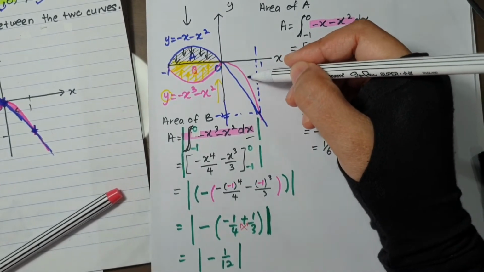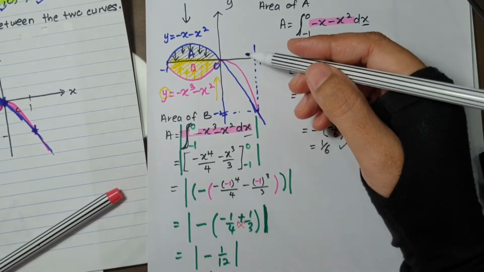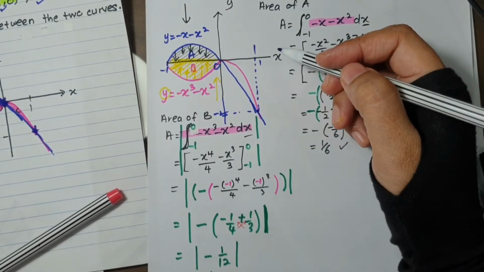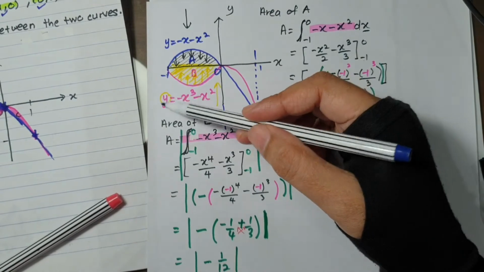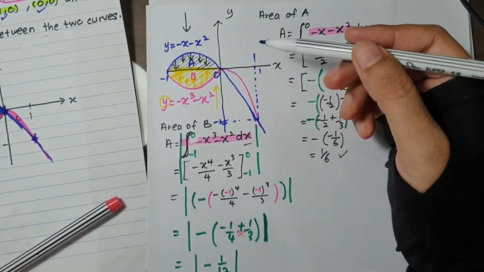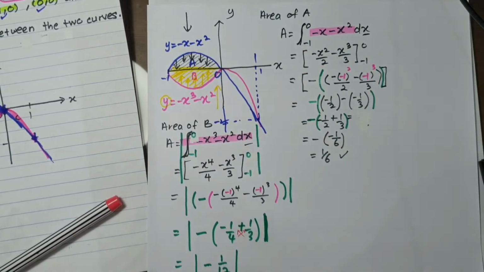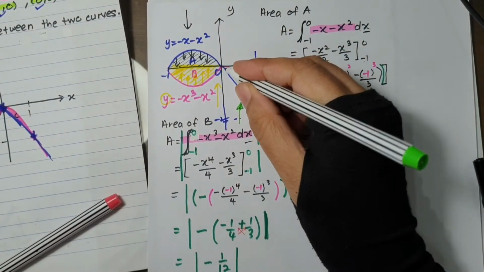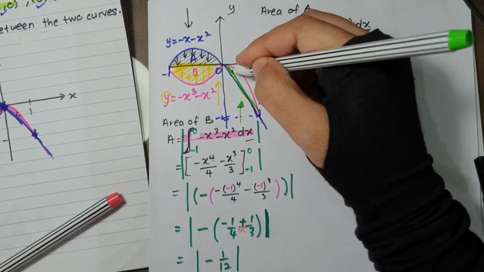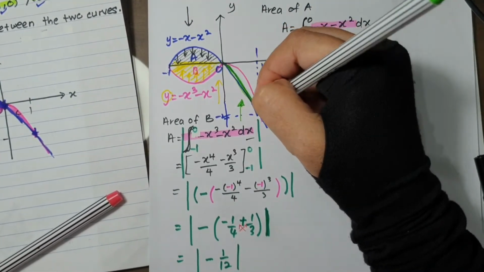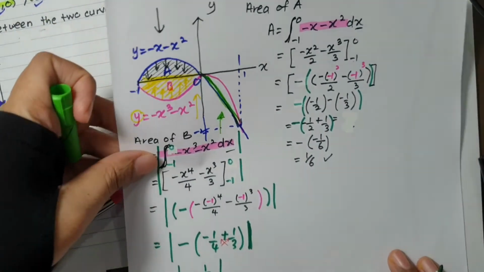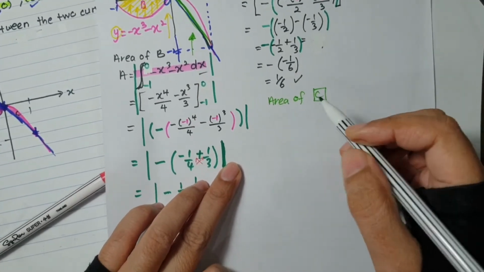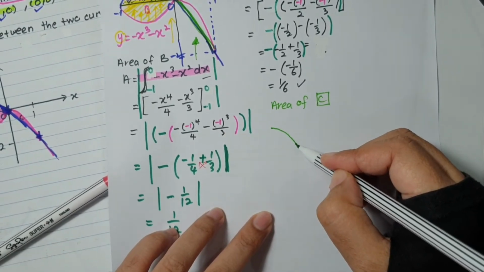To find region C, since this area is below the x-axis, we choose area bounded by x-axis because of course it is better you make y as your subject, and this question already has y as the subject. So when we look, we look from below. When we look from below, you will see this first. This is not a straight line, this is a curve. It looks like a straight line but it is not, it is a curve. So if I draw it out for the area of C, it will look like this.